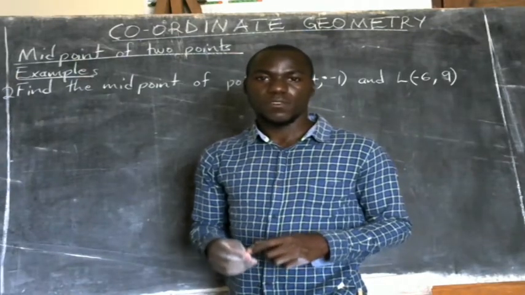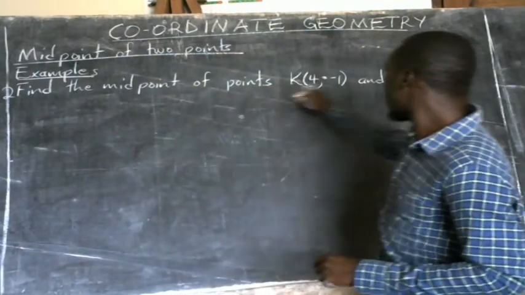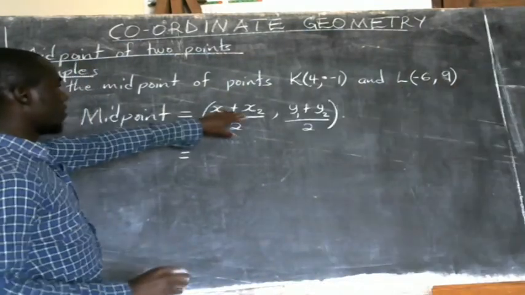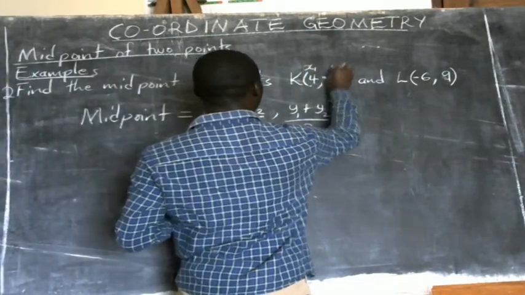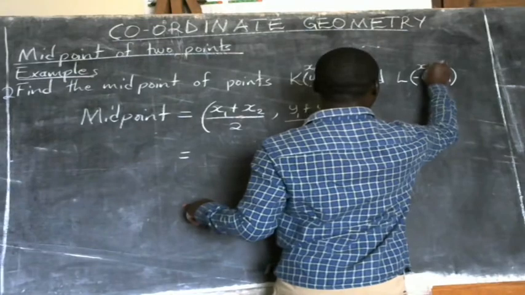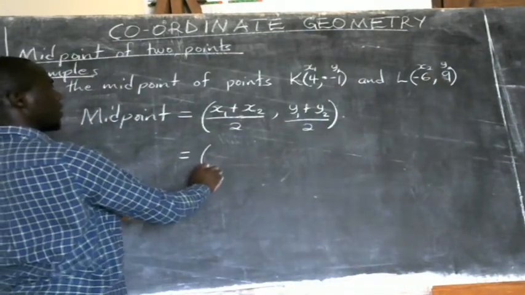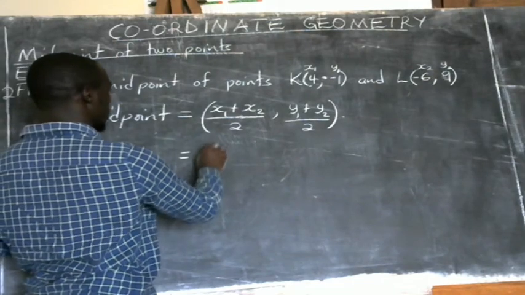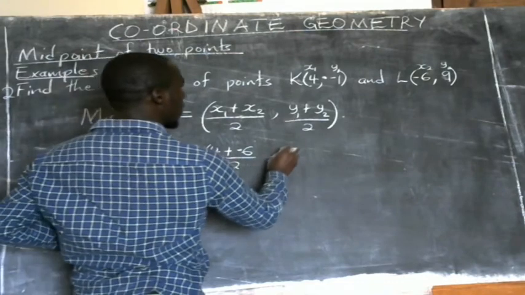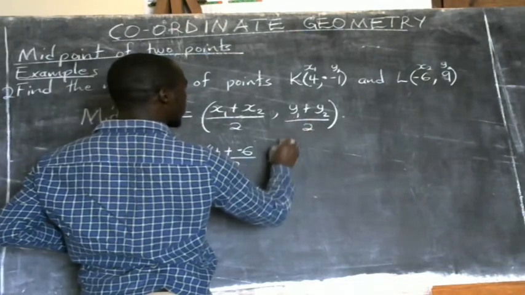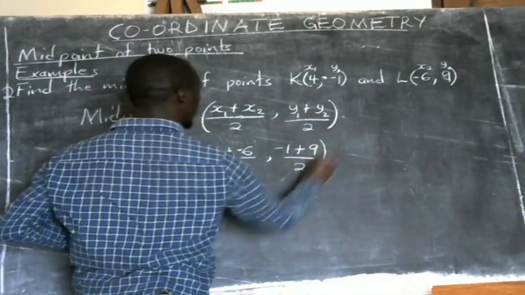Example 2, find the midpoint of the points K and L. The midpoint is given by that formula. You nickname x1, y1, x2, y2, and then substitute. This is 4 plus negative 6 divided by 2, comma, y1 is negative 1 plus y2, which is 9, divided by 2.